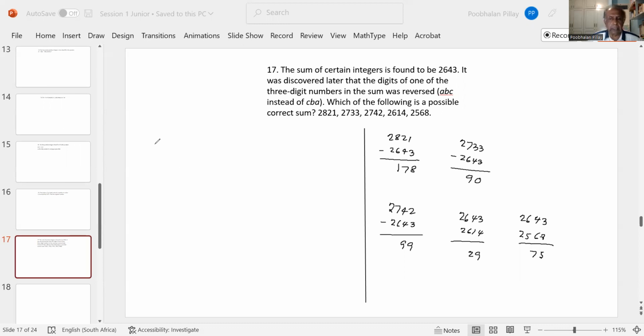Okay, let's analyze this. I'm going to take integers now, and I'm going to add them. So there's the first integer, that one, that one, that one, and keep adding them. And it is given that this sum here is equal to 2643.